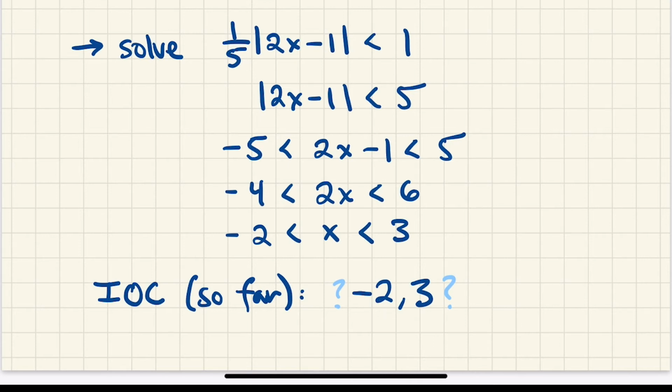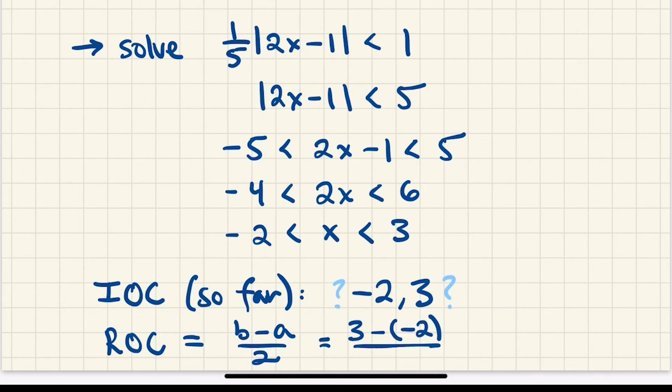However, we could calculate our radius of convergence right now, because the radius of convergence is just half the measure of the interval. So that would be like b minus a over 2. So b minus a over 2, which would be 5/2.